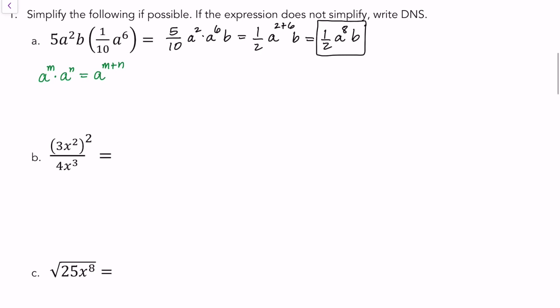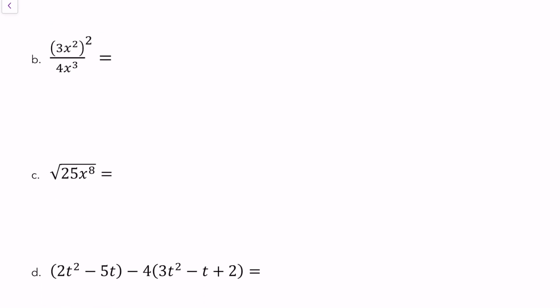Okay. Now for part B, we are working with exponents again, but this time they are in a fraction, and we are raising some terms to some outside exponents as well. So we have to remember a few laws of exponents here. The first law is the following. If we have a product like a times b, raised to some power n, we can simply distribute the n to both factors like this.